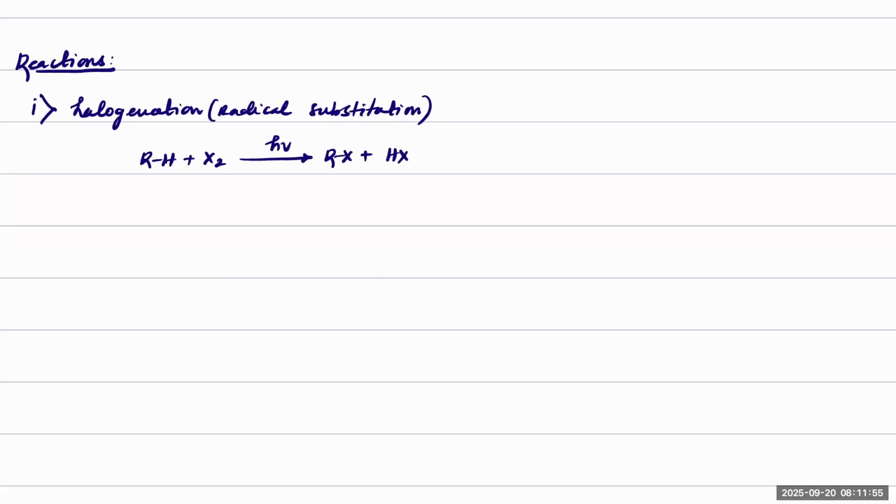So what factors you need to remember is, fluorine is extremely highly reactive. So the fluorine radical is a highly unstable form, and the reaction is highly exothermic.